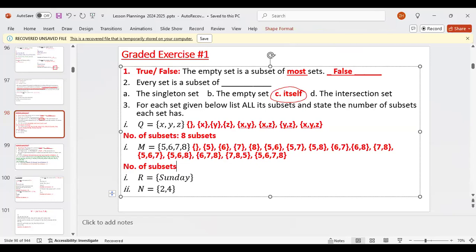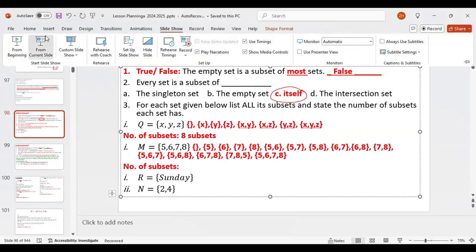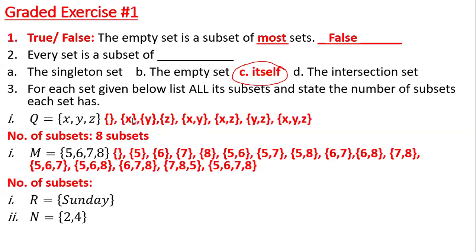Mr. Petit, number 1 doesn't look like 8. That looks like 7. Okay, let's count. So she says number 1 doesn't look like 8, it looks like 7. So if we count it, watch this.